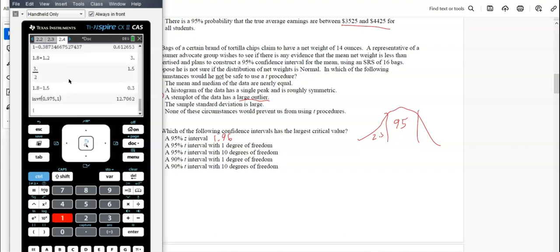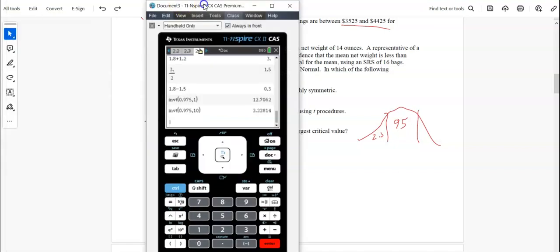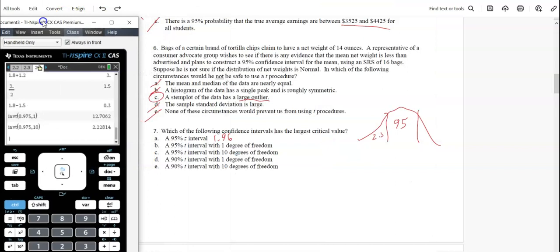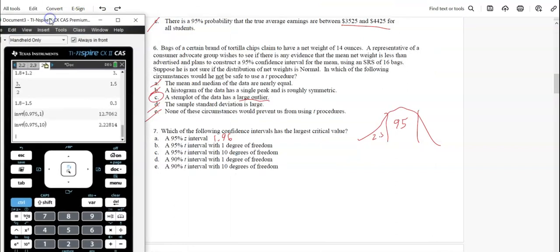Wow. Okay, so then we change that to 0.975. Okay, I think that's the same with degrees of freedom 10. That's 2.2. Which one has the largest? Okay, so so far that one does.